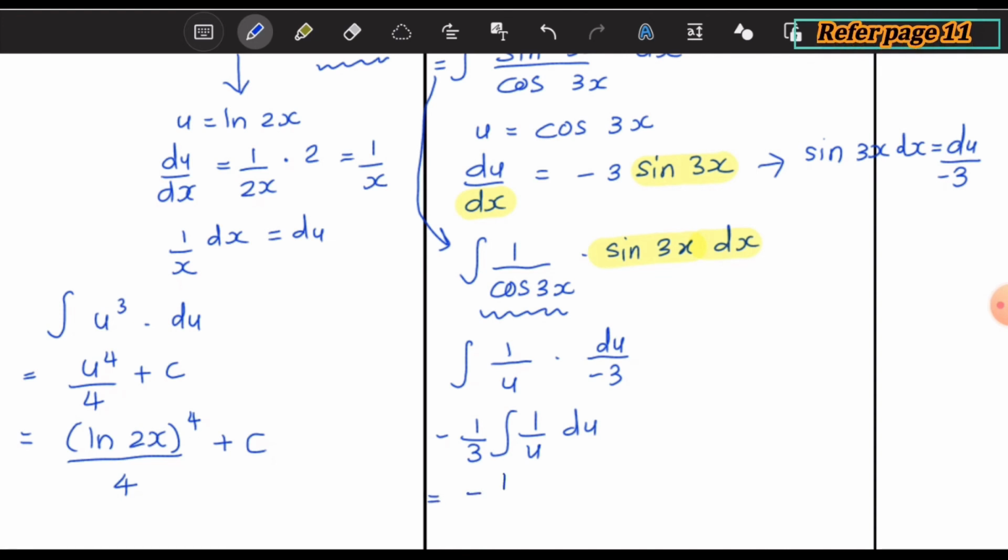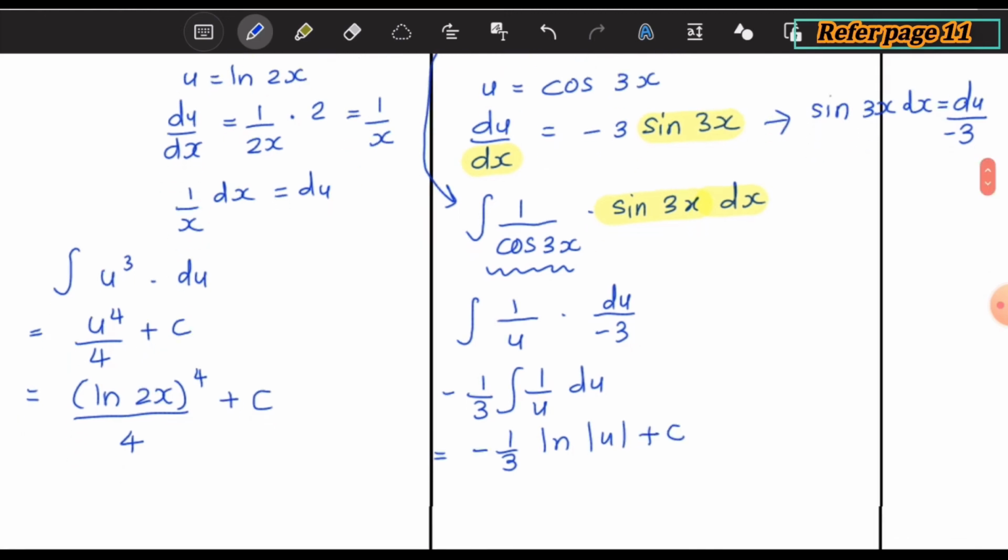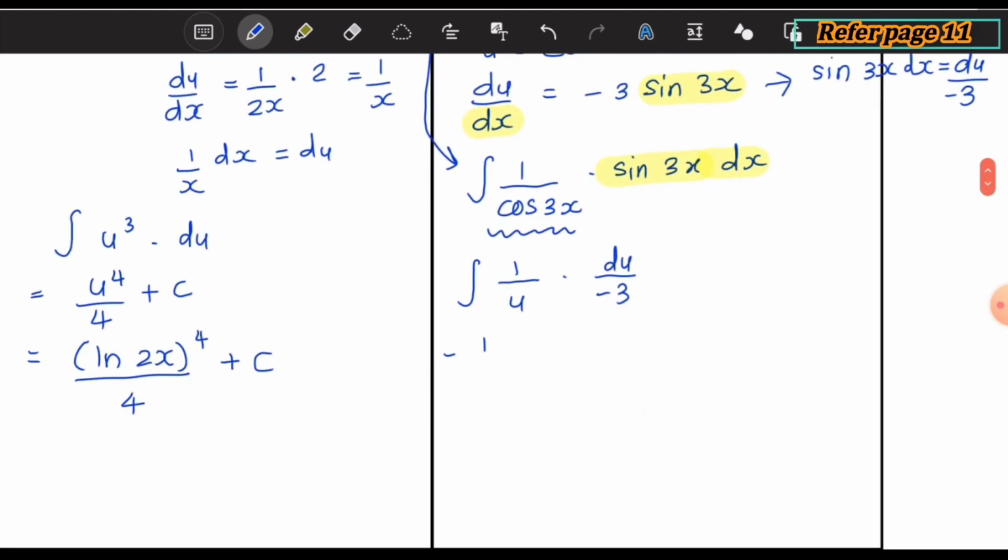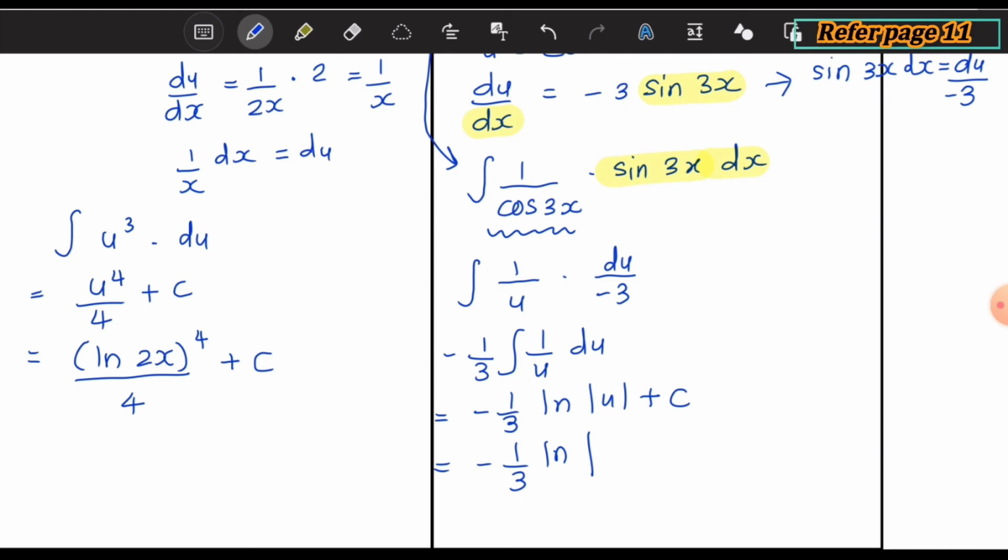The answer is negative 1 over 3 ln u plus c. The final step is negative 1 over 3 ln, okay, we change u to x. So what is u? U is cos 3x. Then plus c.